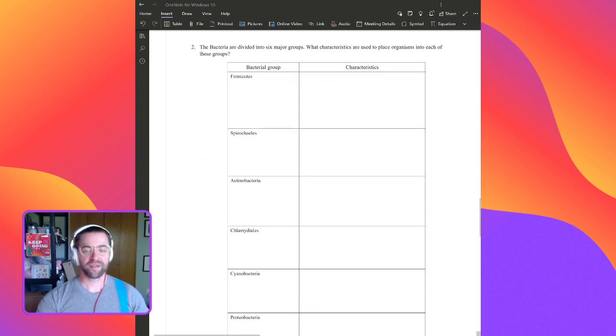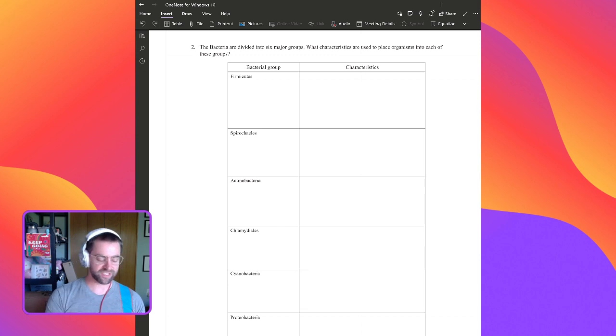All right. Bacteria are divided into 6 major groups. What characteristics are used to place organisms into each of the groups? All right, firmicutes. If you've ever heard the term cuticle, you've got a hint here.